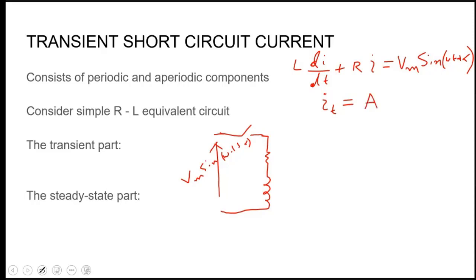Natural response, in other words, some constant A into e to the power of minus t by tau, that is, minus Rt by L, where tau is L by R. This is the transient portion. And we have the steady state portion.